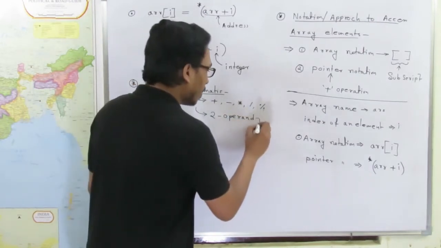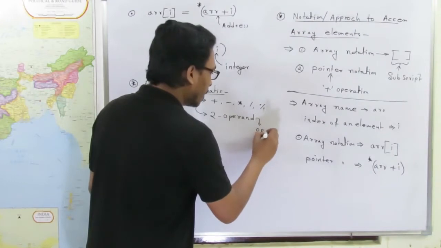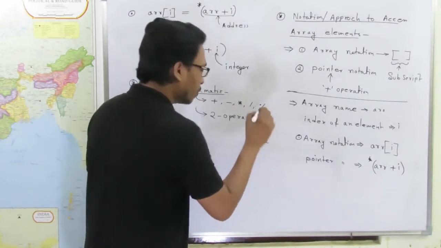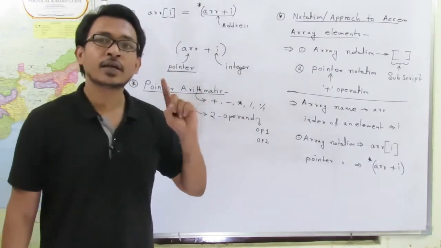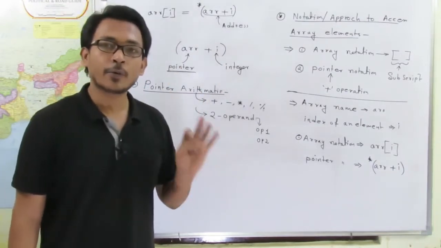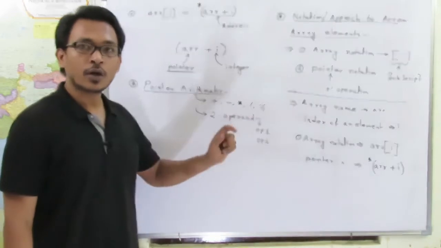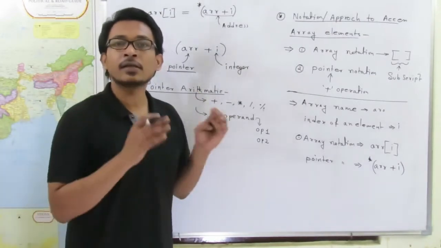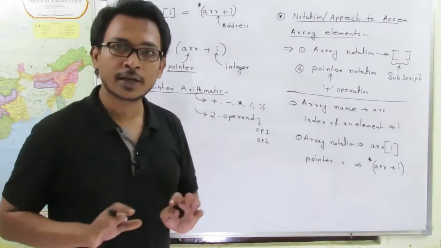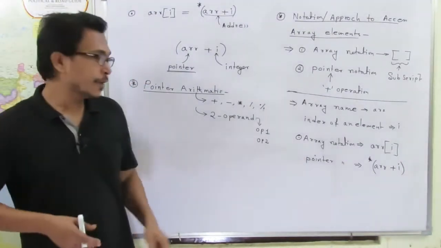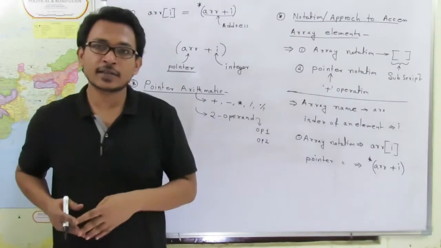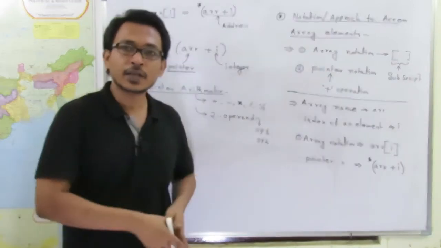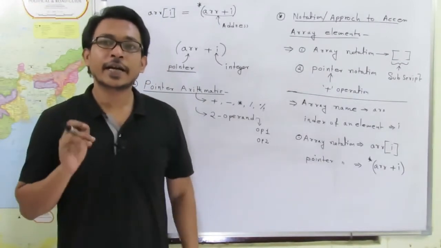Let's say the 2 operands are operand 1 and operand 2. Now, whenever any of these 2 operands is an address or pointer, at that time we call that particular operation pointer arithmetic.